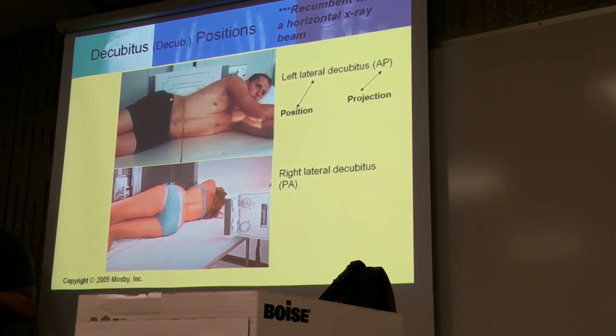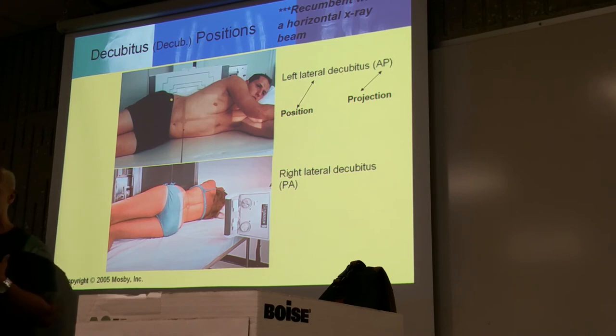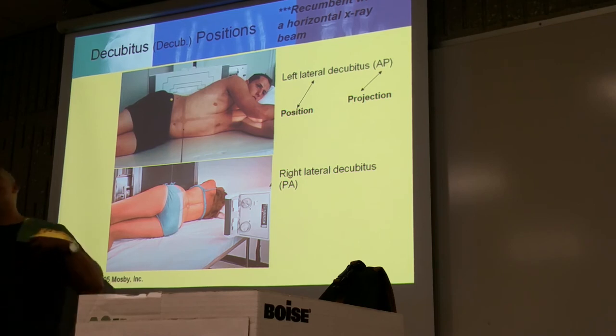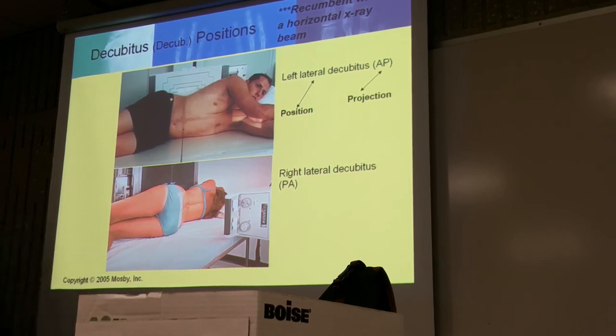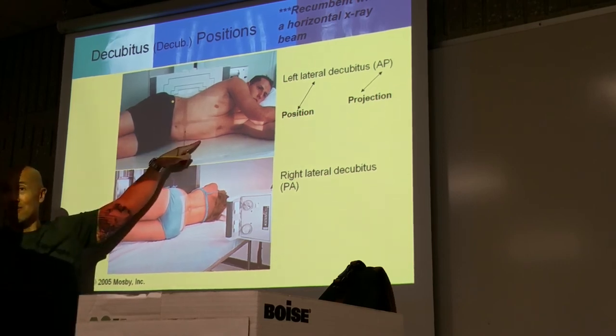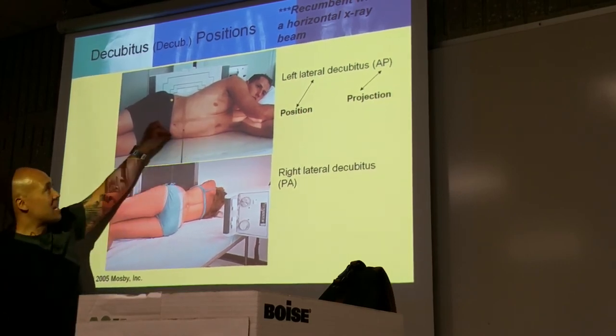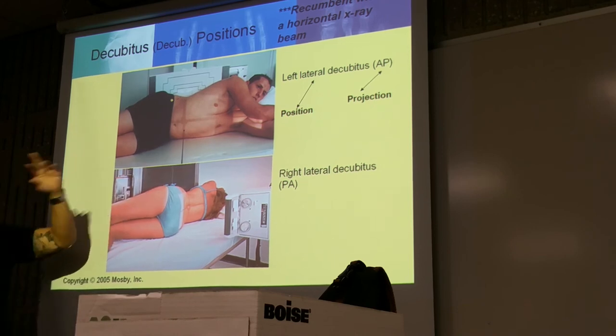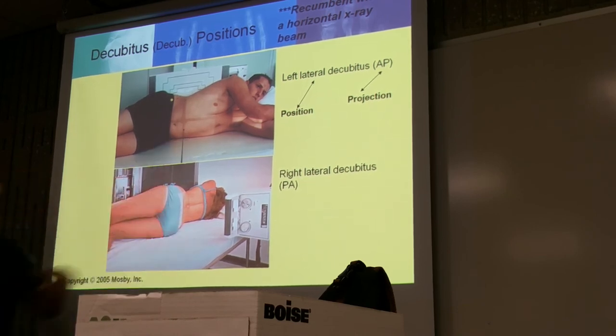When you're laying on your back, let's say we were trying to look for fluid in the lungs, the fluid in your lungs would be dispersed, so now you don't see anything. If you were laying on your side, fluid is heavier than air, so it'll settle to the bottom of the lungs, and now you can see the density or fluid levels on the bottom lung.